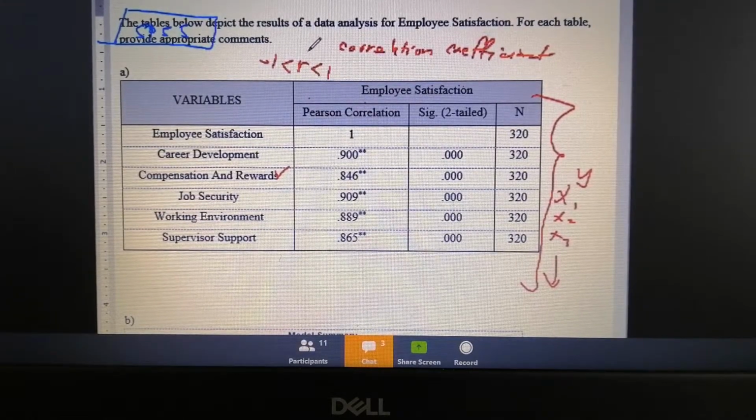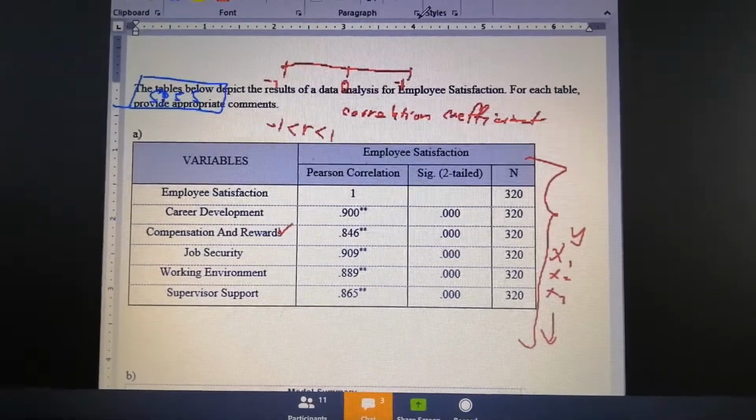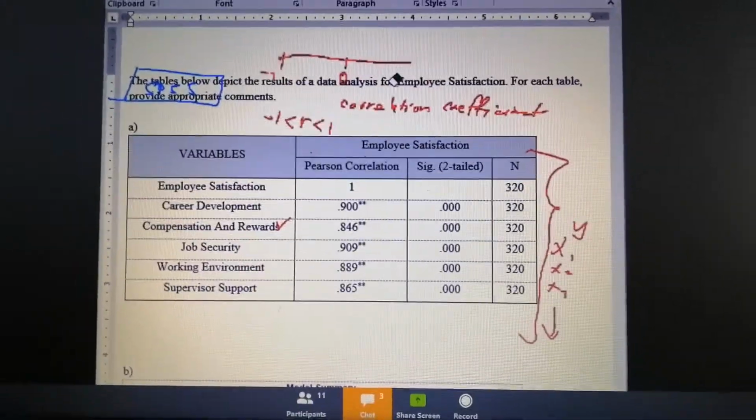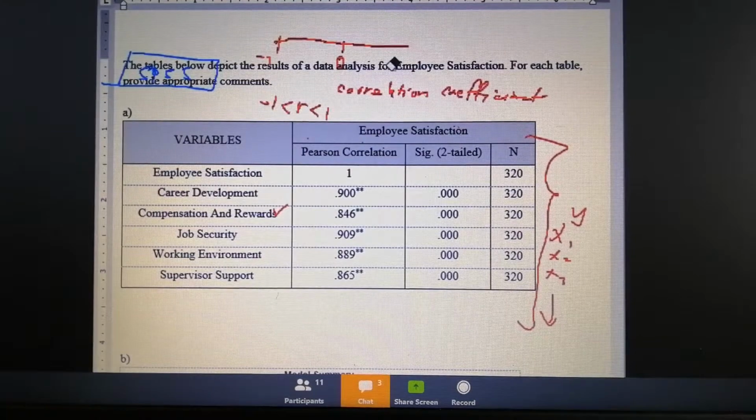And whatever is around 0, this is your range: 1, minus 1, and 0. If it is closer to 0, then we call it no relationship.